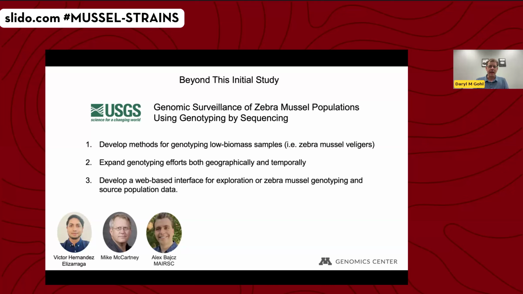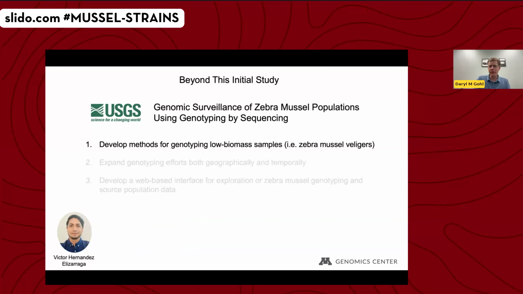And then finally, the third goal is to develop a web-based interface for exploring this data so that members of the public or invasive species managers can look at this information and potentially use it to help inform, say, inspection efforts. So I'm going to turn things over to Victor, who's going to be telling you about his efforts to develop methods for genotyping zebra mussel veligers.